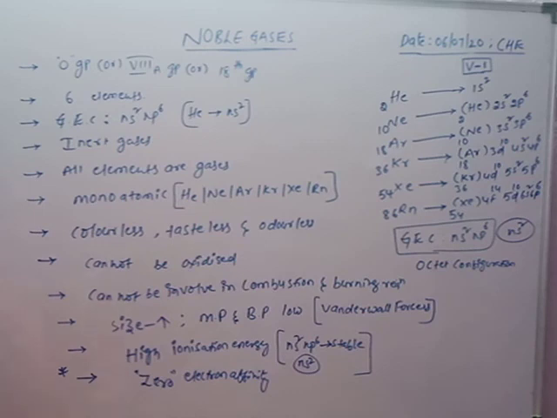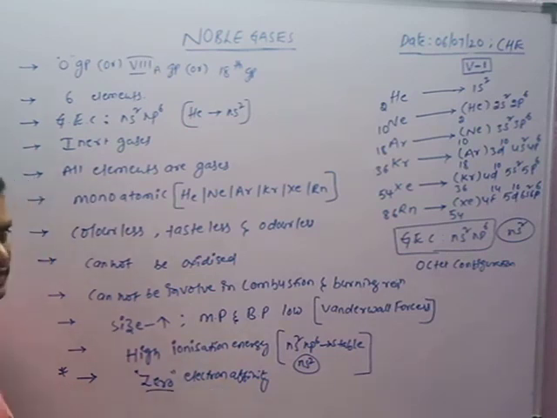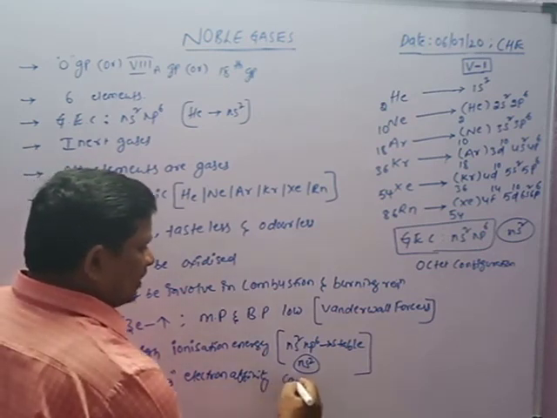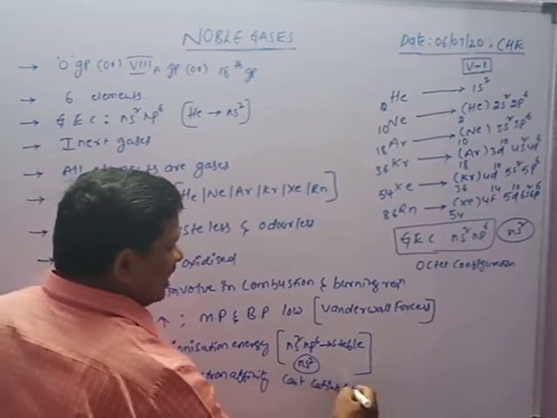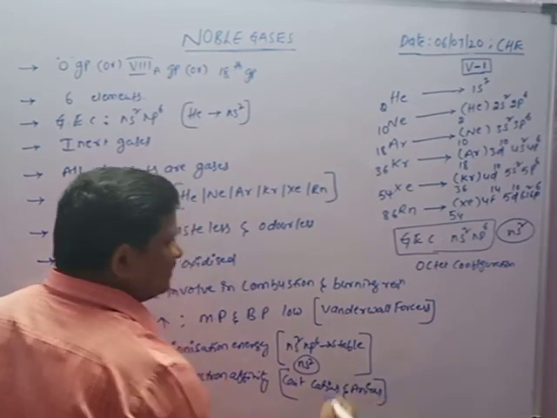Noble gases have a stable electronic configuration, so there is no need for electrons to be added. So electron affinity of the noble gas elements is 0. It means these elements are not ready to gain electrons, and also not ready to lose electrons. So they cannot form cations as well as anions.